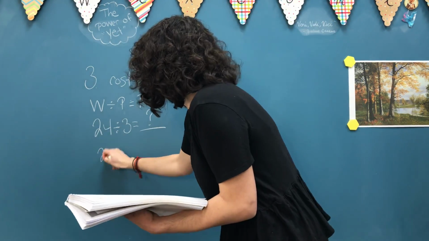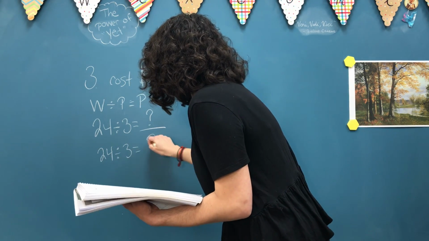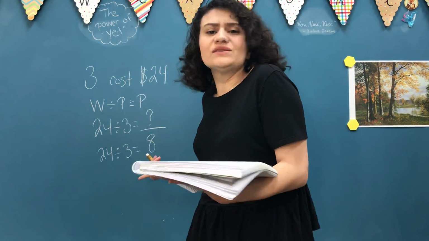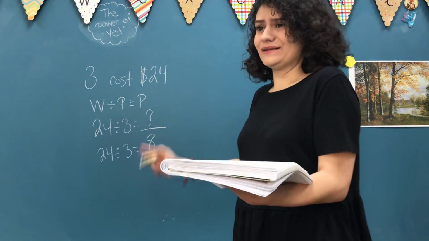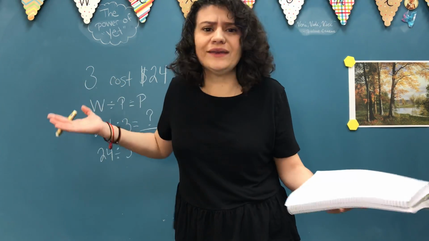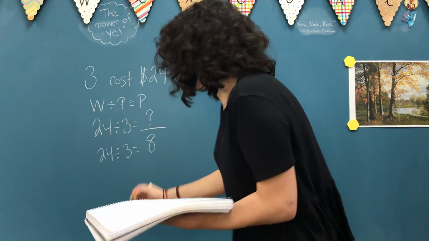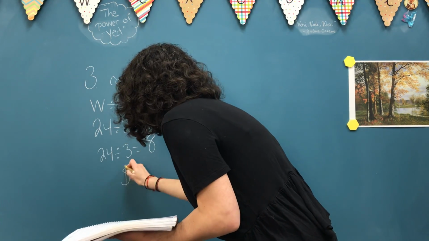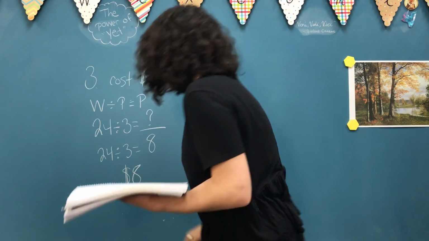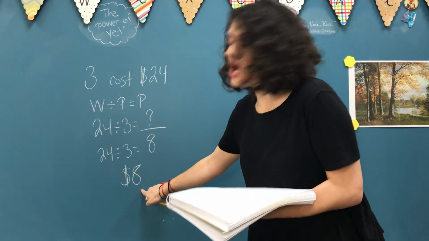So 24 divided by 3 equals 8. But it's a word problem, so I can't just say 8 because then I don't know, is it 8 potatoes, 8 tomatoes, 8 monkeys? Oh, it's $8, right? So the answer is that 1 carton costs $8.